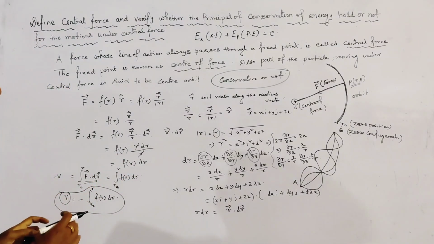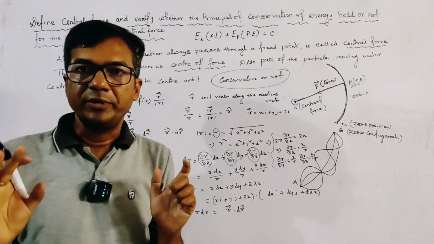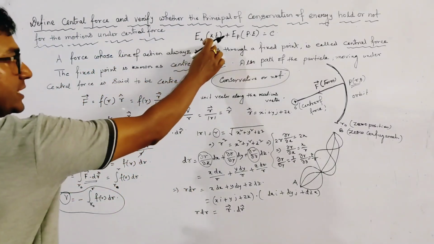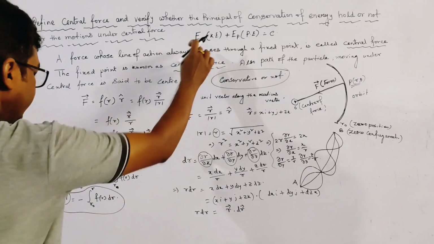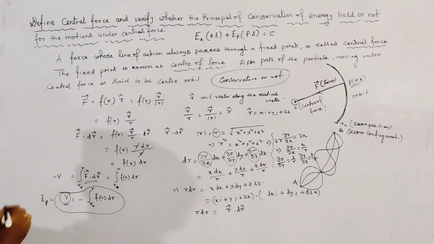So we say that the central force field must be conservative, right? And we already get the scalar potential or potential energy, which is known as Ep.